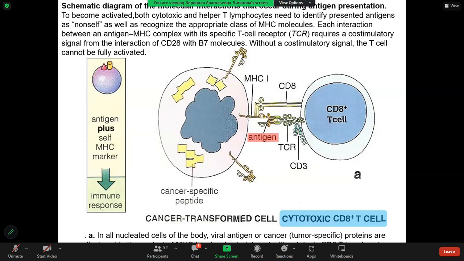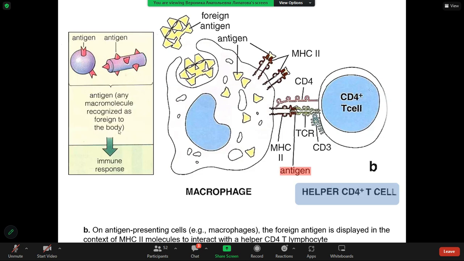Here, this scheme illustrates interrelations of antigen with the helper cell, CD4 positive T cell. This is presentation of foreign antigen by macrophages to the T helper cell.